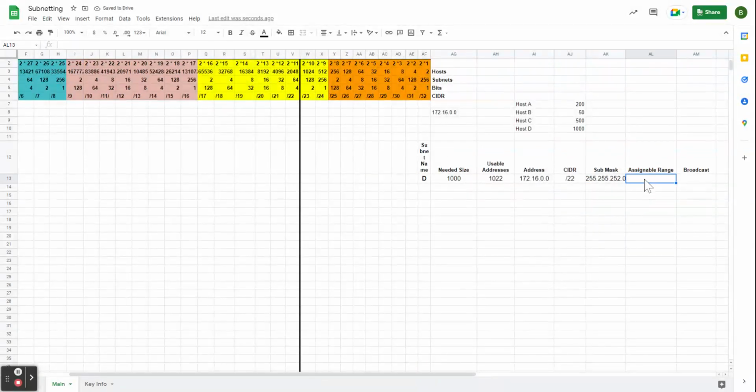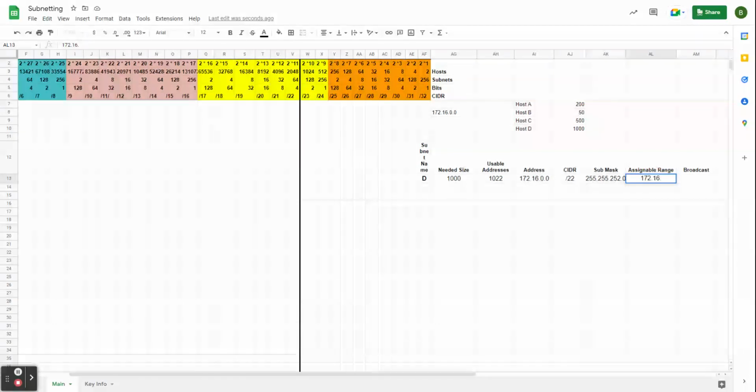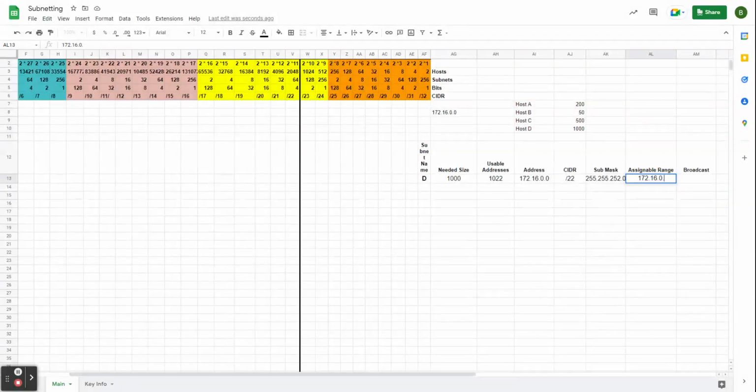The assignable range would be 172.16.0.1 to 172.16.3.254, and the broadcast is 172.16.3.255.